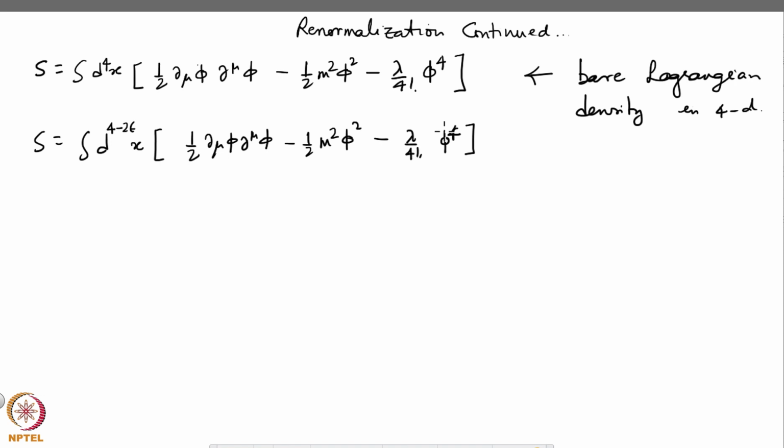So let's keep epsilon fixed. I want to keep epsilon fixed because then things are finite. They become singular when epsilon goes to 0, but things are finite as epsilon is fixed to some non-zero value. So given this action and given these bare parameters, now they are not singular.